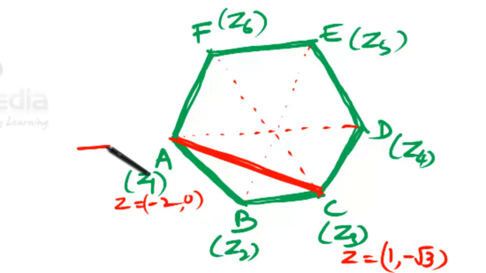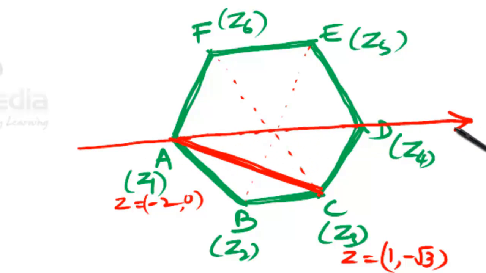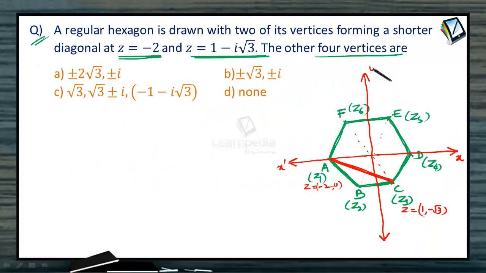Obviously this must be the coordinate axis x' and x, and obviously this must be the axis y and y', and this must be the origin. So when we join the origin to these points, this is the magnitude, that is the radius of the hexagon.